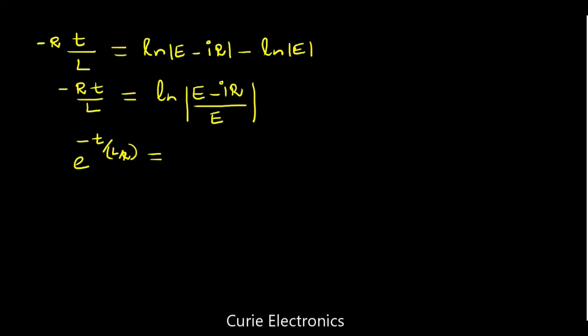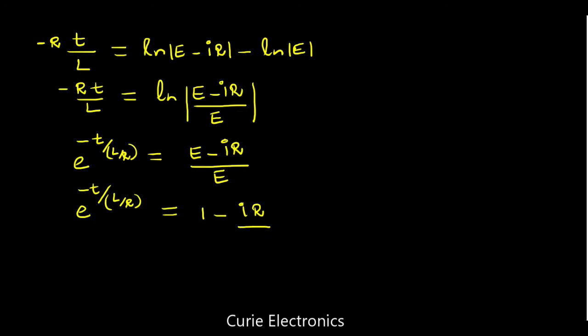Now what about the right side? The right side becomes E minus IR divided by E. So it is e to the power minus t upon L by R equals 1 minus IR upon E. Now this 1 minus IR upon E, I will take to the left side.